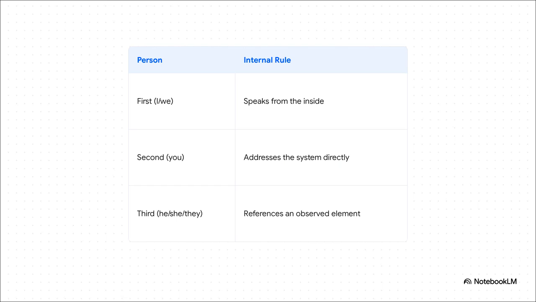Next up is person. This is all about direction and perspective. First person, that's I or we, signals an operation that's coming from inside the system itself. Second person, you, is a direct address to the system. And third person, he, she, they, well, that refers to something that's being observed from a distance, instead of being the source or the target.